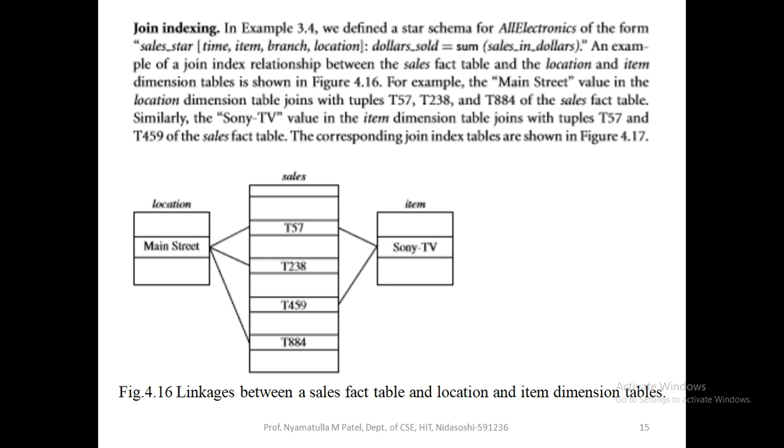It means all the transactions which have sold Sony TV, we are not maintaining a separate table for that. All the transactions are mapped to a particular item called Sony TV, which is different from bitmap indexing. We have taken only one location and only one item, and all the sales which happened in a particular location, what sales were done? Sony TV, all on one side.